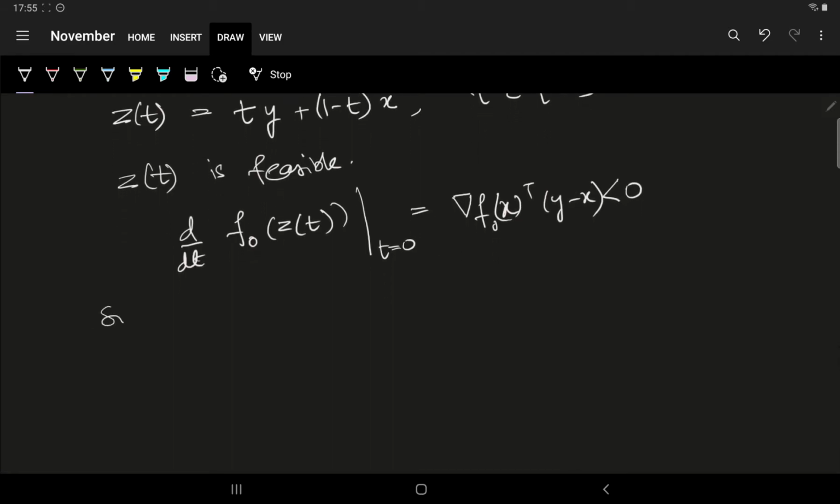So this means for any small value of t, f naught of z of t is less than f naught of x.